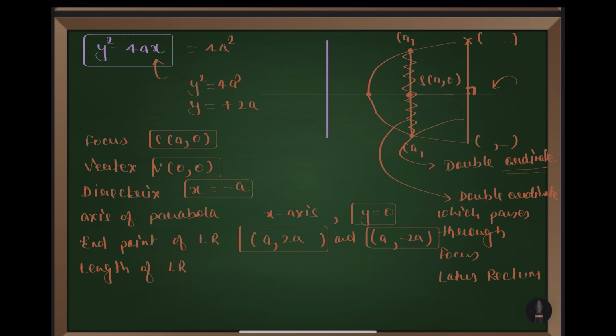You know that x coordinate is same, so above x axis you have to move 2a units, below x axis you have to move 2a units. So don't you think it is 4a unit? Correct. So this many informations you have to hold.